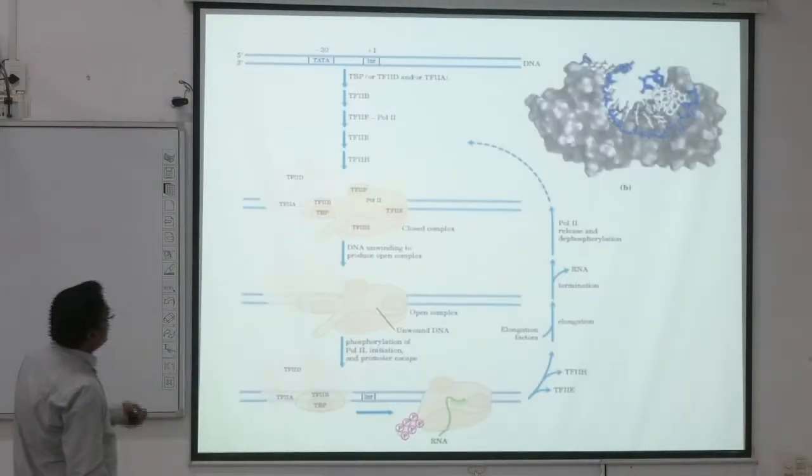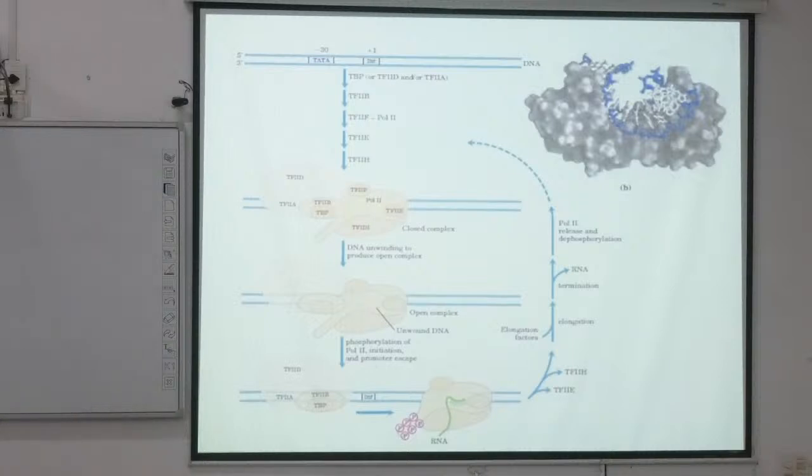इसमें देखिए आप, I will describe in this diagram that it contains Tata box at different positions, and all these proteins are assembled on a particular DNA template, in which you will see there is TFD, TFA, TBP.